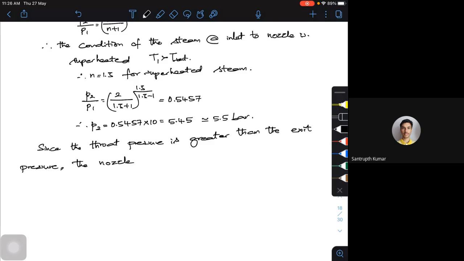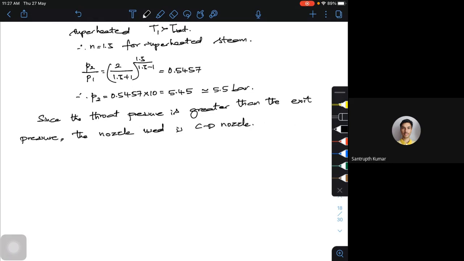The nozzle used is CD, that is convergent divergent nozzle. This is how you can find the type of the nozzle. So where will be the minimum area? The minimum area will be at the throat, where the corresponding pressure is 5.5 bar.